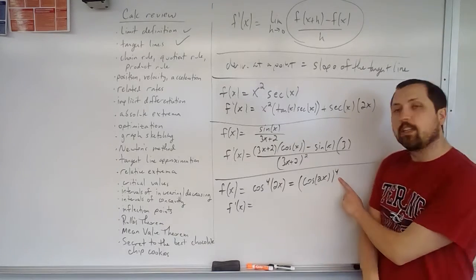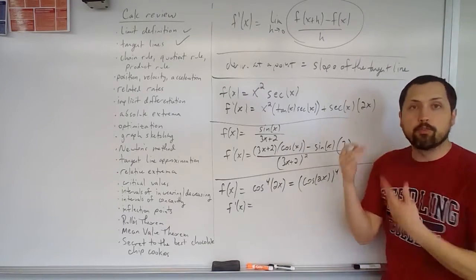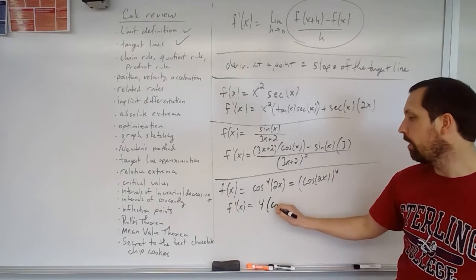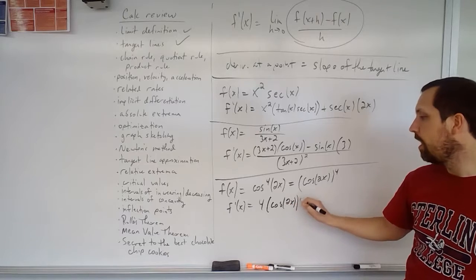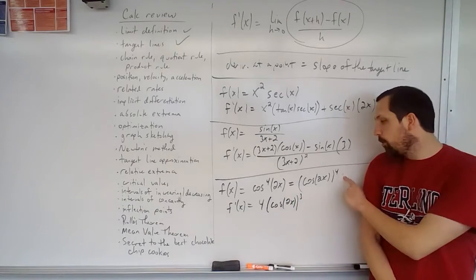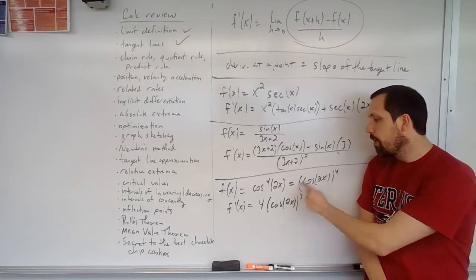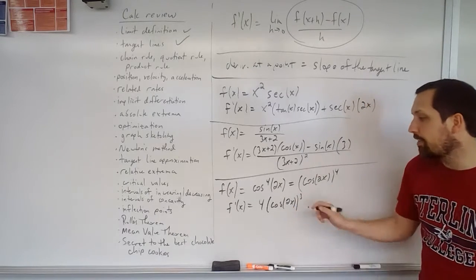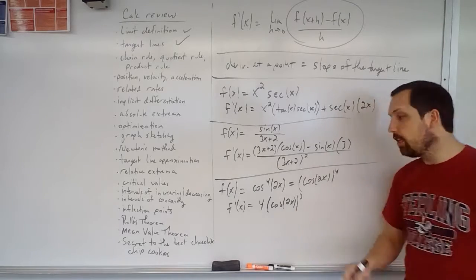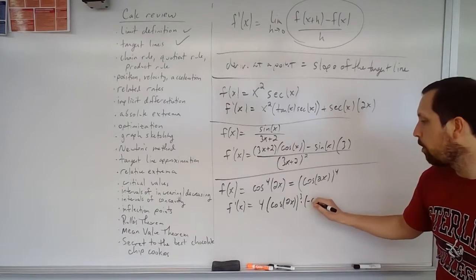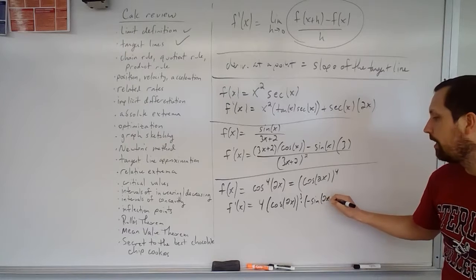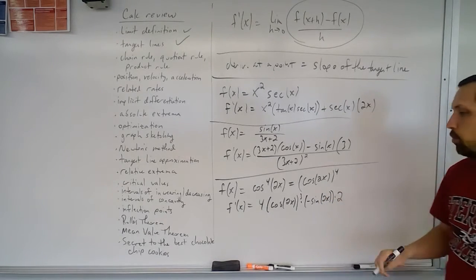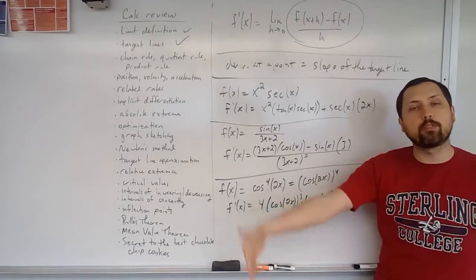My outermost function is to the fourth power, or u to the fourth. I do 4, move down the exponent. I rewrite the inside. I raise that to the third power. So I do my basic something to the fourth power, bring down the exponent, subtract 1 from the exponent, rewrite the inside. Now the next outermost function I have is cosine, so I take the derivative of cosine, which we know is negative sine. I rewrite the inside, and then now I have to take the derivative of the inside, and that's 2. So chain rule can be repeated multiple times.